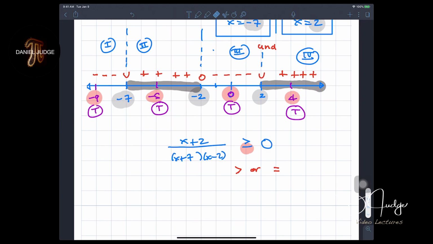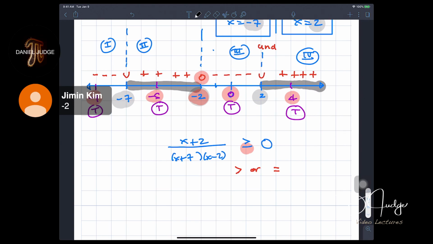Anybody know what values of x make this equal to 0? Thank you. It clearly happens right here. When x is negative 2, the fraction is 0.